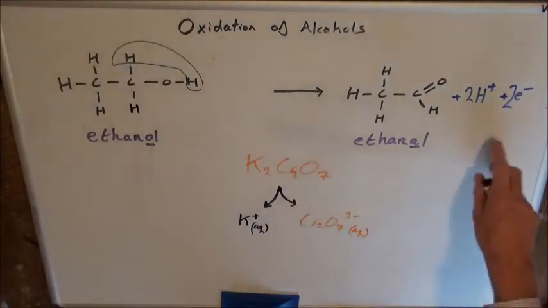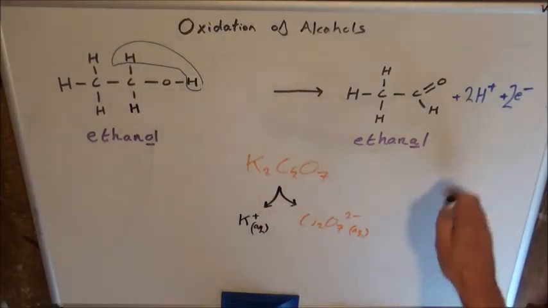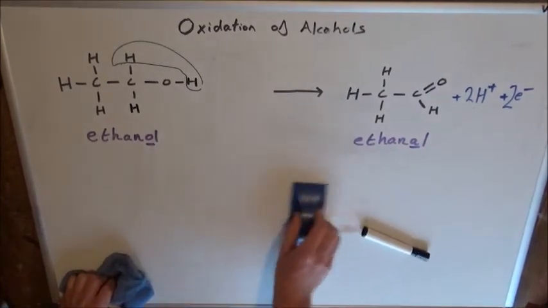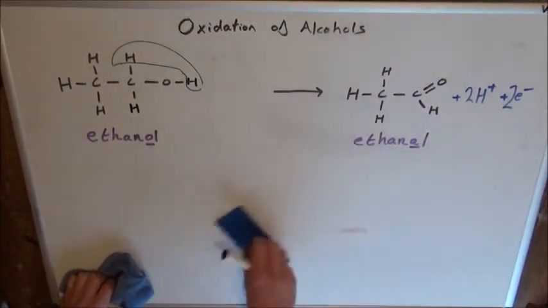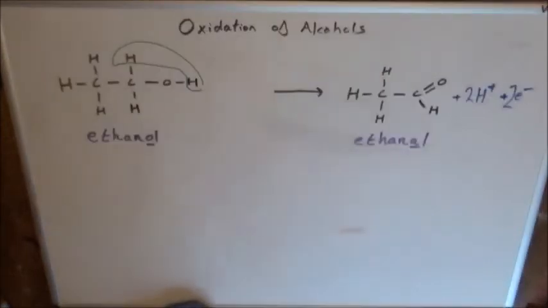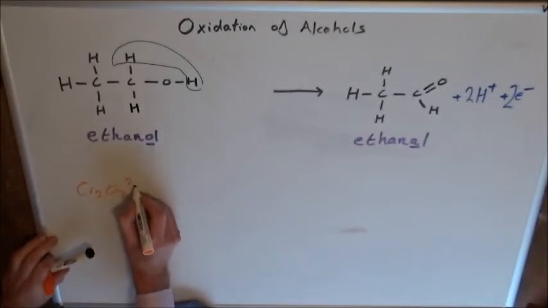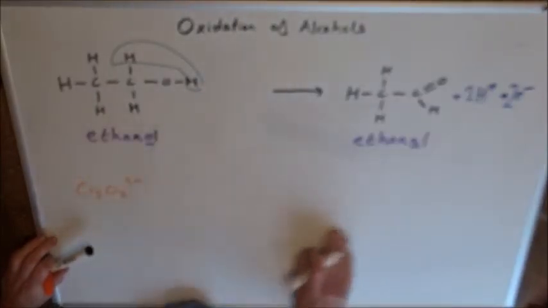So let's have a look. How do the electrons reduce the dichromate(VI) ion? I'm just going to construct a half equation to show that. Now here's the Cr2O7 2-.